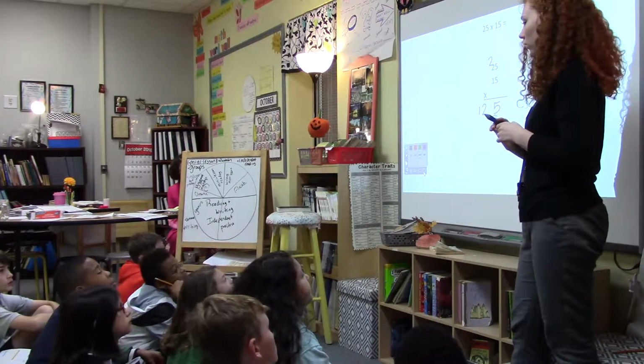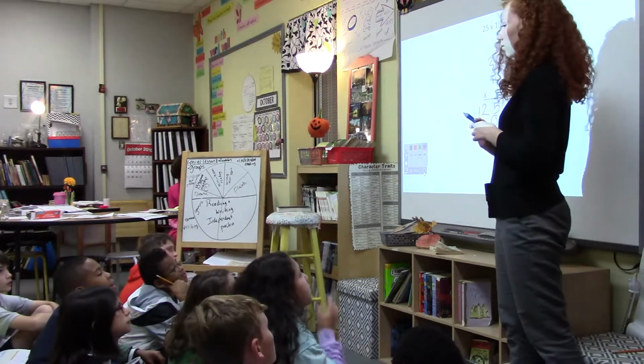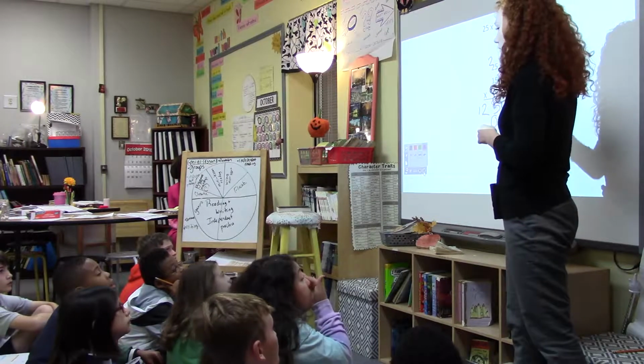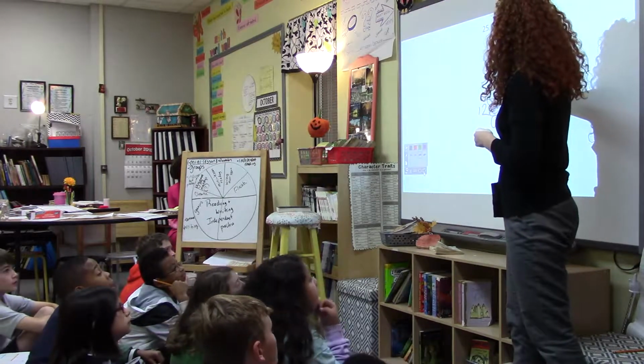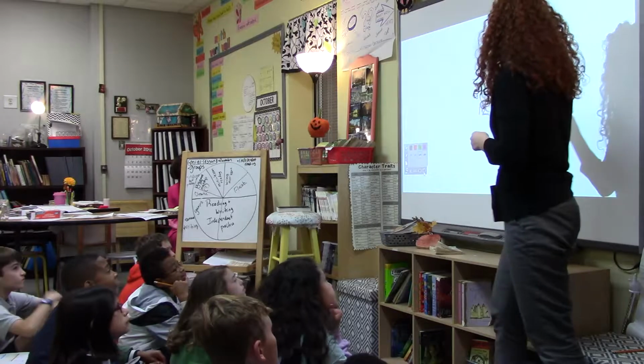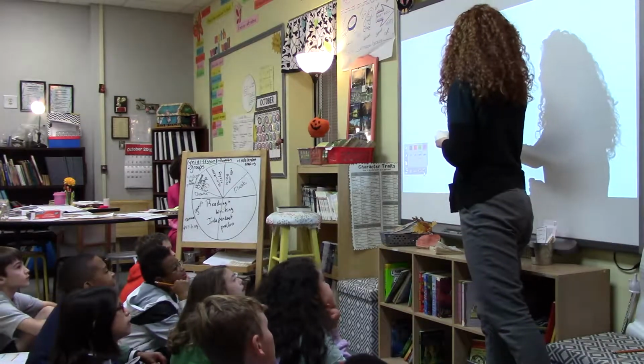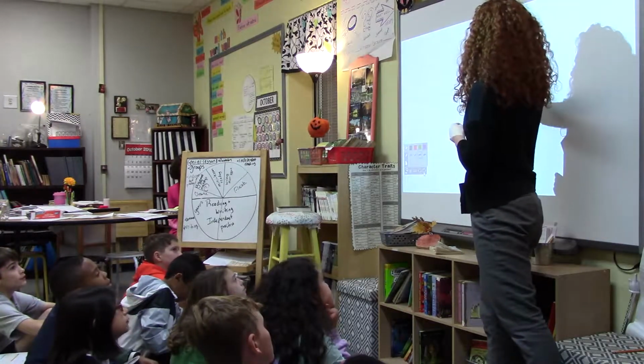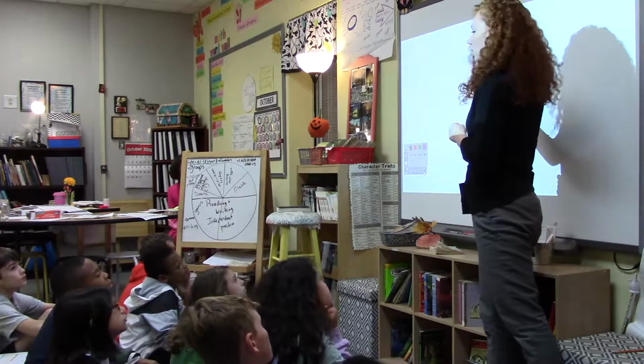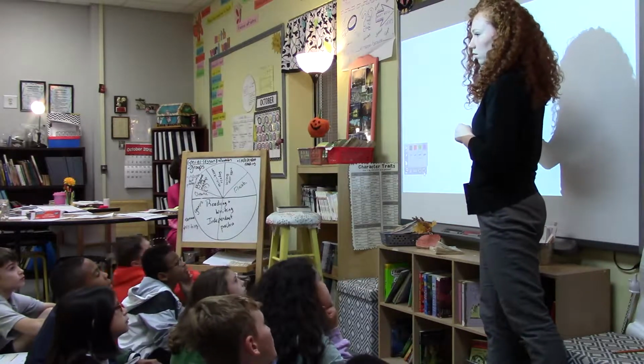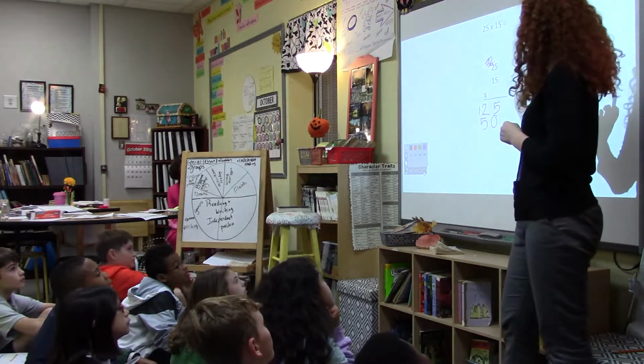Okay? So what's our next step? 5 times 1. Which 5? This 5 or this 5, right? Okay, so 1 times 5 is 5. And we're going to mark this out because we already used that 2 and we don't need it anymore. So then what do we do after we mark the 2 out?